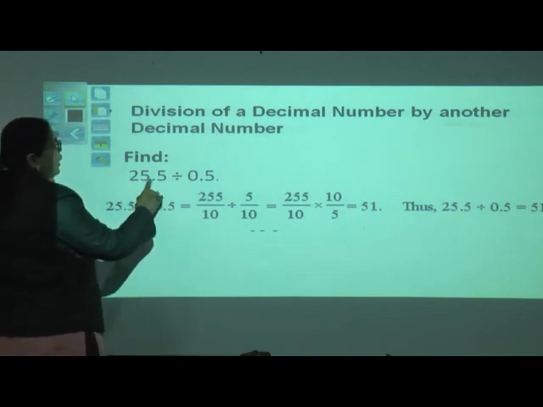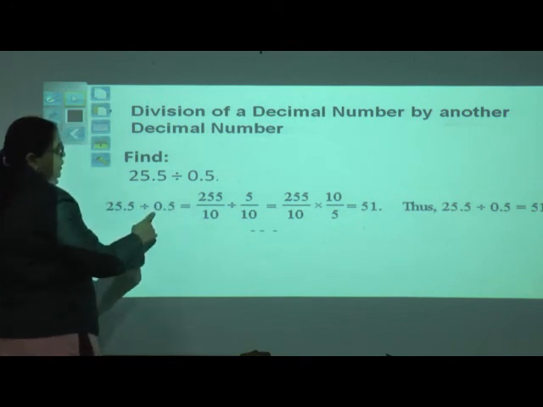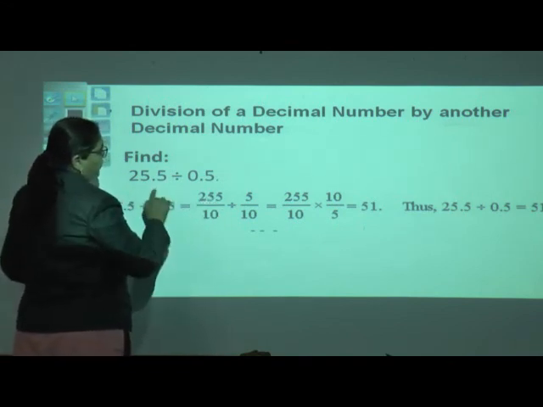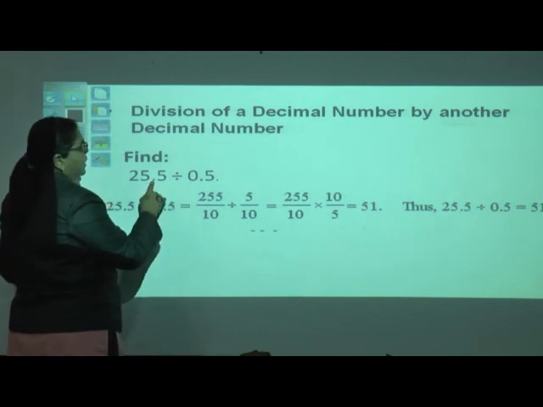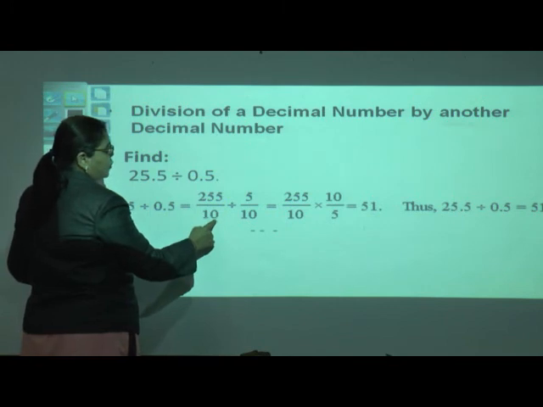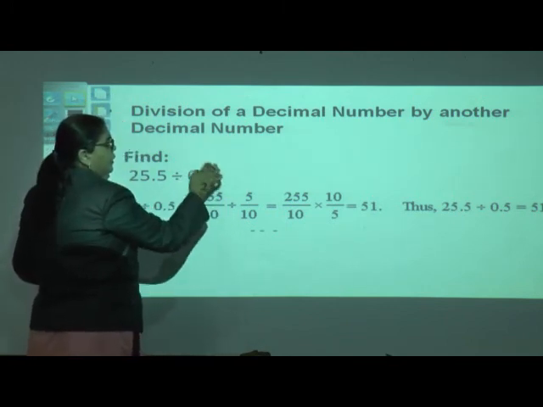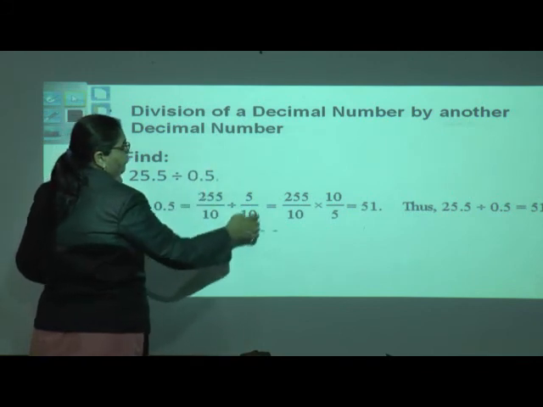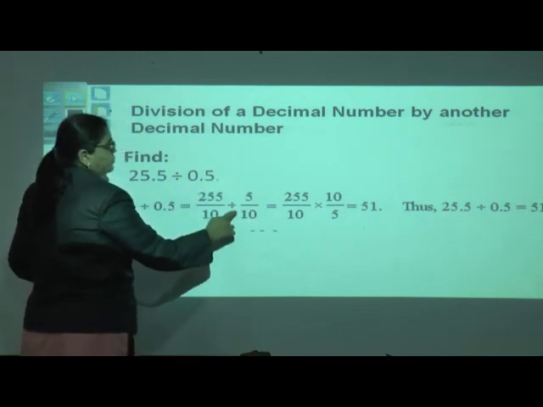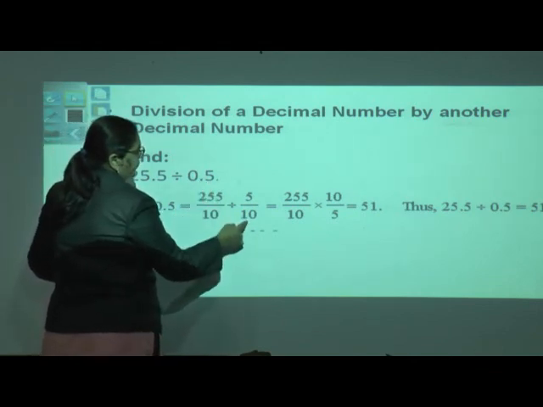So 25.5 divided by 0.5 can be written as 255 upon 10. How? Because after the decimal we have one digit, so we write 10, divided by 0.5, which I will convert into a fraction, 5 upon 10, because after the decimal we have one digit, so we write 10.